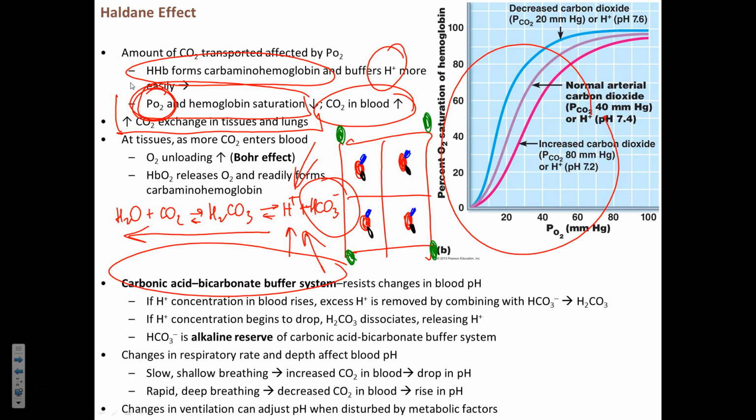However, you know how people hyperventilate? Hyperventilation is when the amount of air that is inhaled and exhaled is much more than the actual physiological needs of the organism. So what happens in hyperventilation? Here at the bottom, rapid deep breathing.